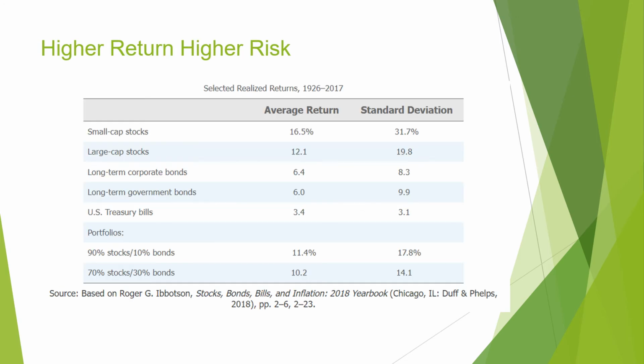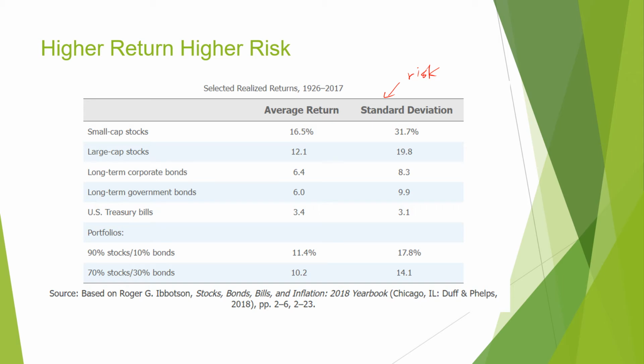Now this table shows a higher return means higher risk. See, small cap stocks has higher level of average return, and then it shows a higher standard deviation. That means a higher risk, right? Then large cap stocks, larger companies, returns less than small cap stocks, and then it is safer than small cap stocks in terms of standard deviation.